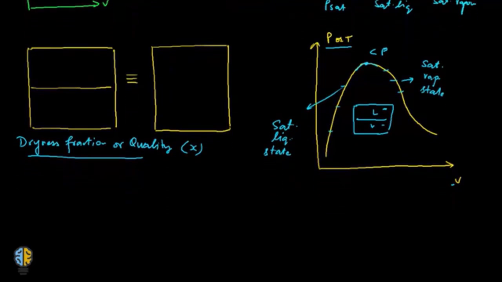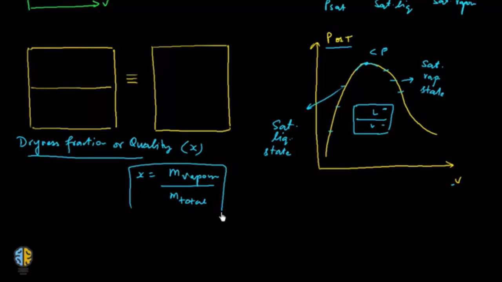Alright, and the mathematical definition is the ratio of the mass of vapor divided by the total mass of the liquid and vapor mixture. So the total mass is equal to the mass of vapor plus the mass of the liquid component.